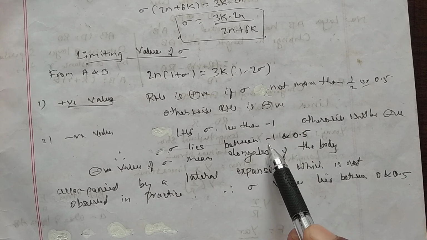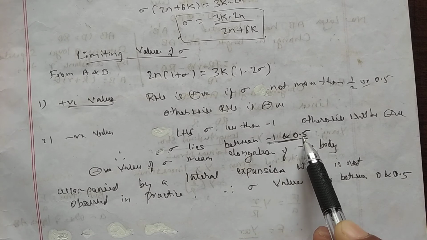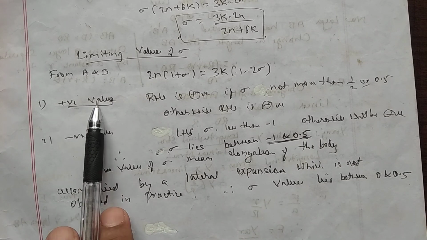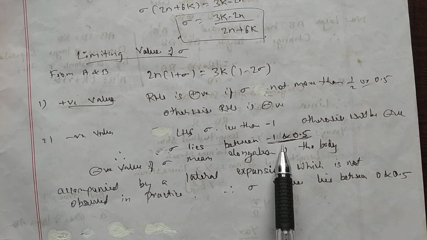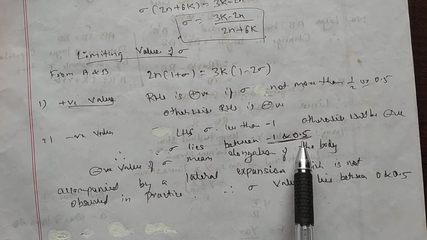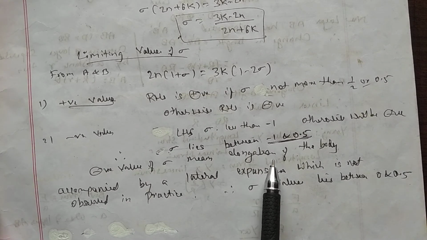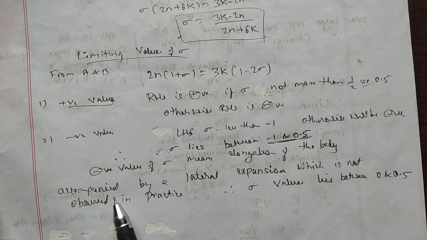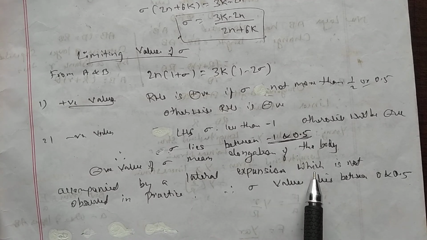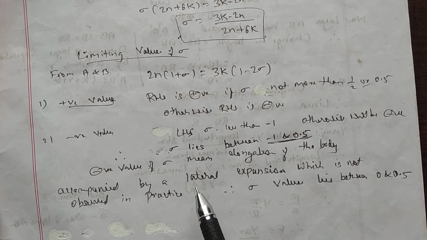So it lies between these two, the limiting values, for sigma to be positive or negative, between -1 and 0.5. But the negative value of sigma means elongation of the body accompanied by a lateral expansion, which is not observed in practice.